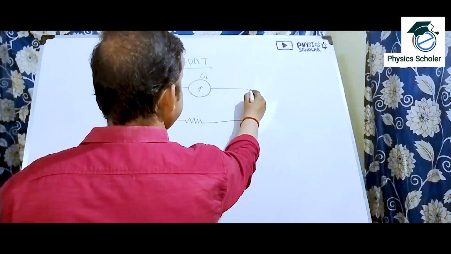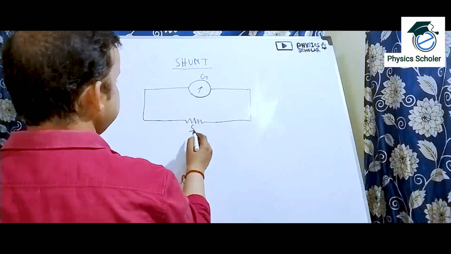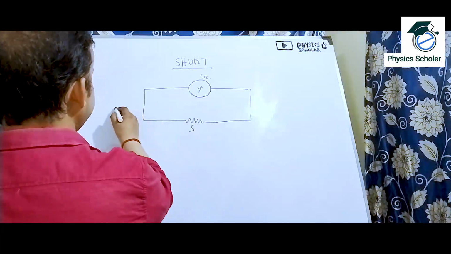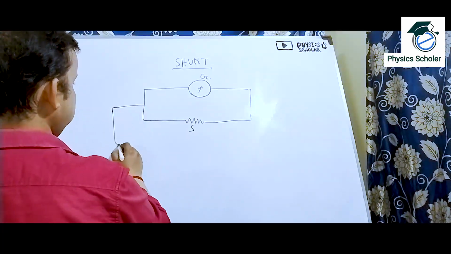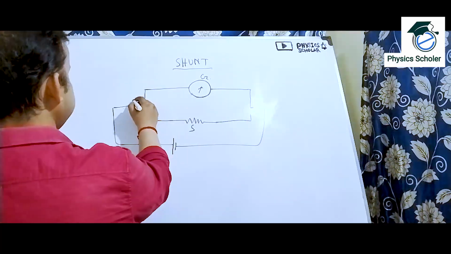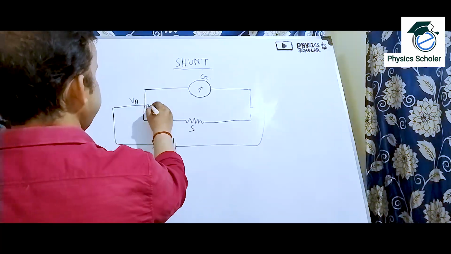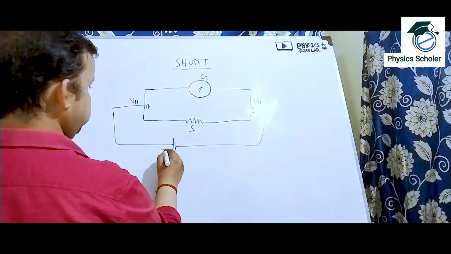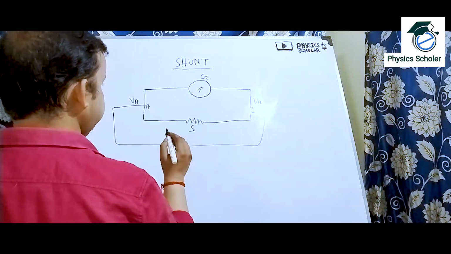That resistance is known as shunt. Suppose the resistance is S, and this will be connected in parallel. Suppose this is the circuit, and this is point A with VA, this is VB, it is plus, it is minus, and the voltage is V.